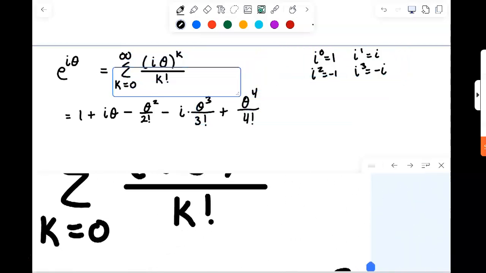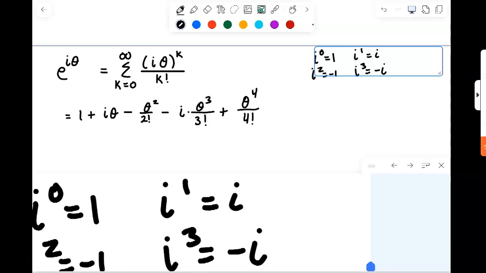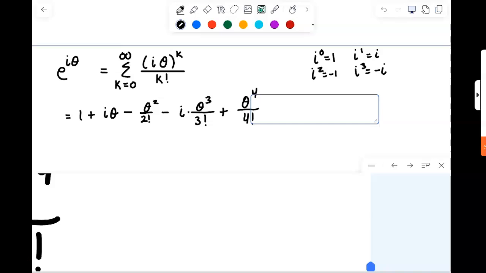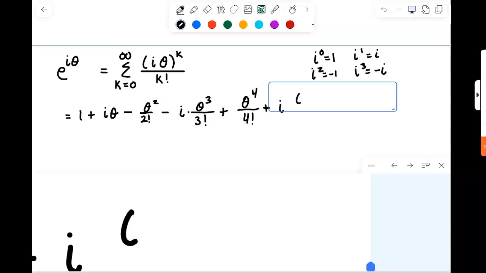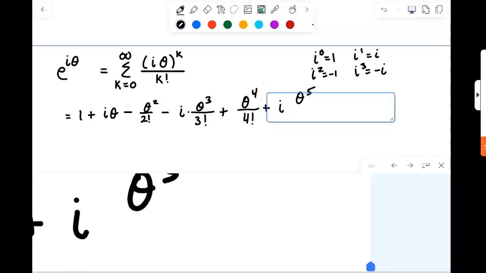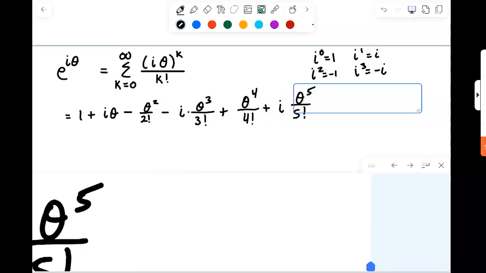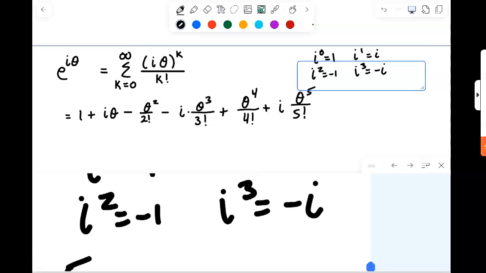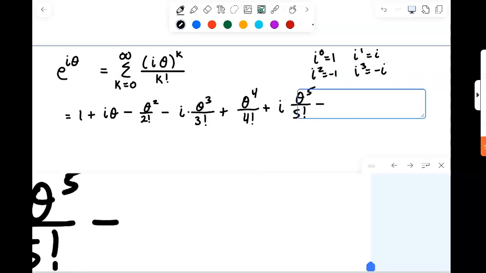And we get up to k equals 5. i to the fifth would be the same as i to the first. So we're going to have an i and then theta to the fifth over 5 factorial. And then just a couple more here. k equals 6. i to the sixth will be the same as i squared, so it's going to be minus.